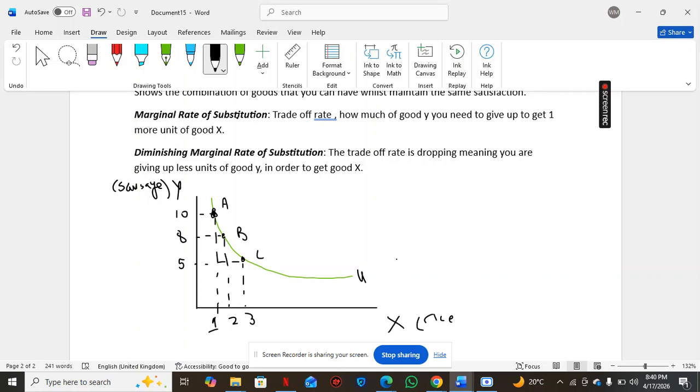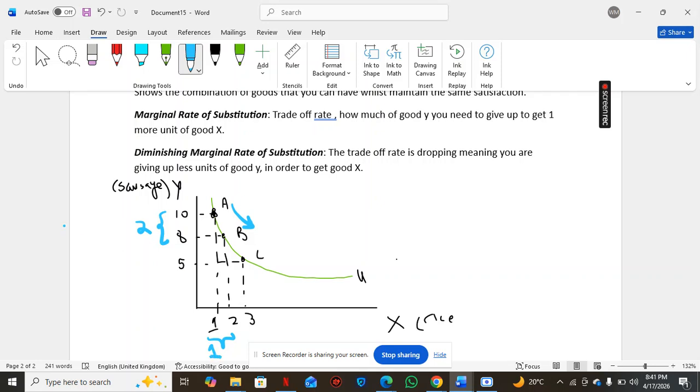So marginal rate of substitution, which I said is the trade-off rate: how much of good y you need to give up to get one more unit of good x. Okay. So if we move from point A to B, you've given up 2 sausages, so that you get one more bag of rice.